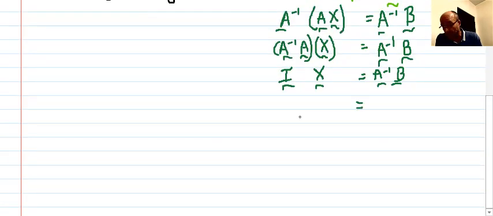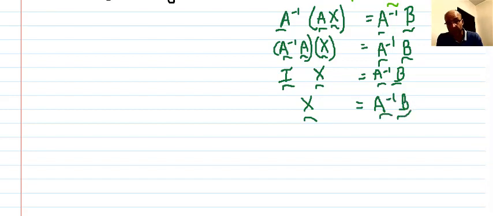So, the multiplicative identity there, we get X equals A inverse times B. I is a 3x3 matrix, so it's I3. Identity matrices are always square, aren't they?